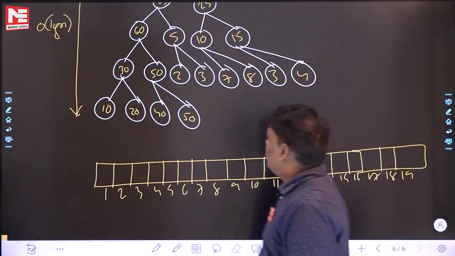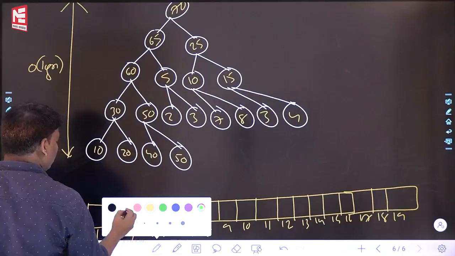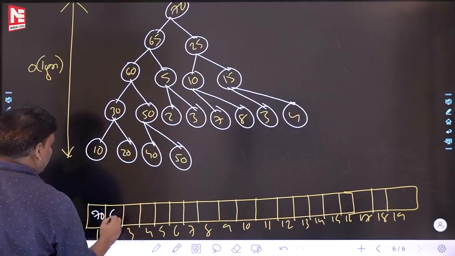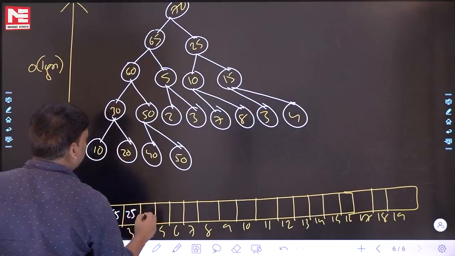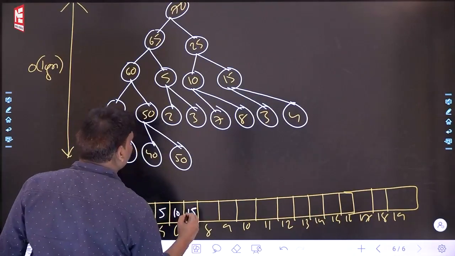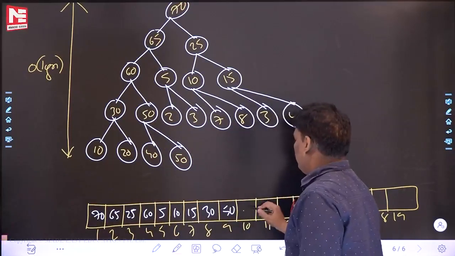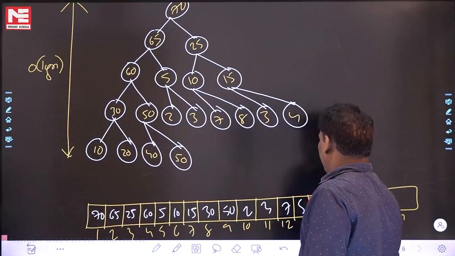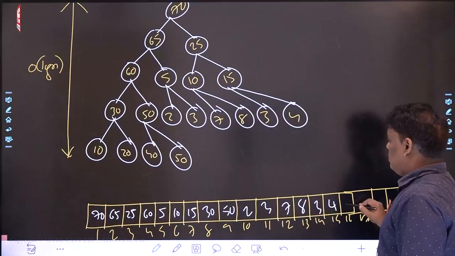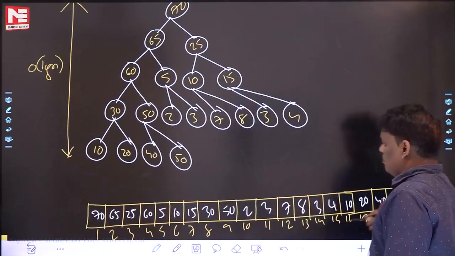Now see this. Let me store the elements also: 70, 65, 25, 65, 10, 15, 30, 50, 2, 3, 7, 8, 3, 4, 10, 20, 40, 50.